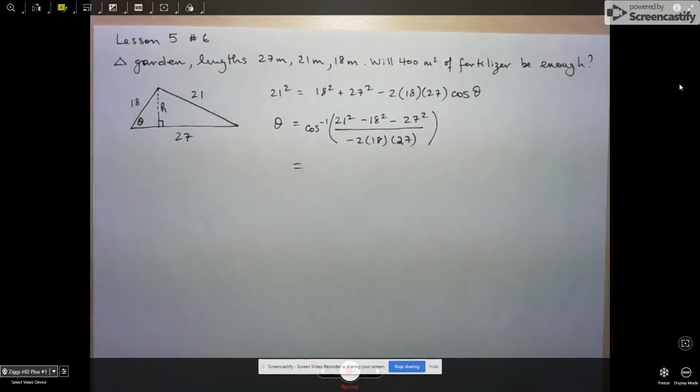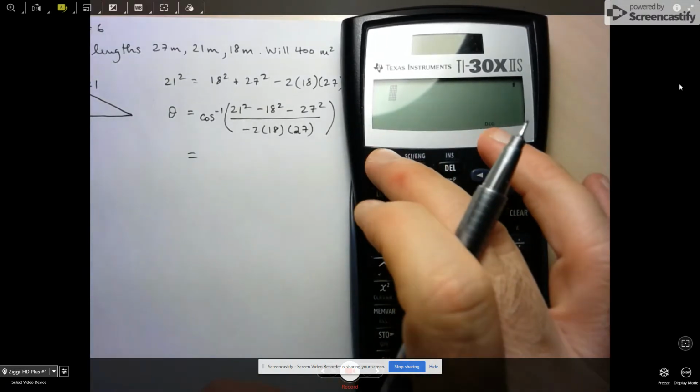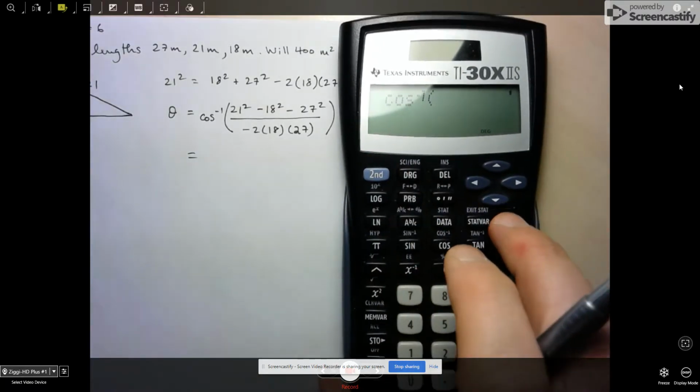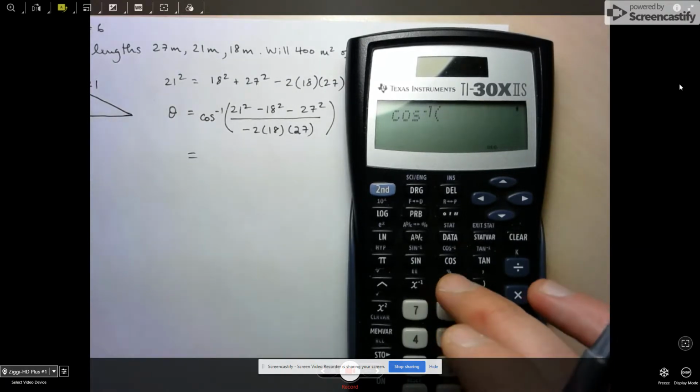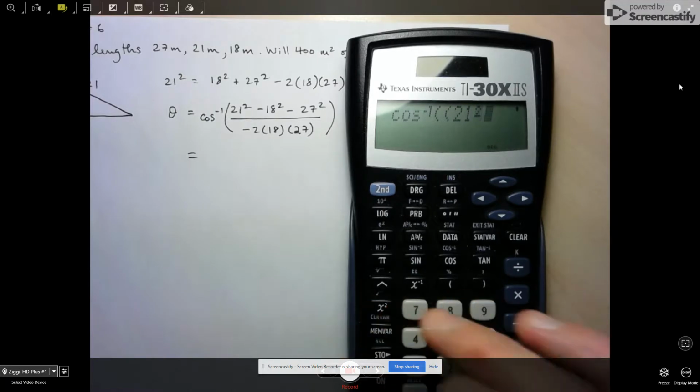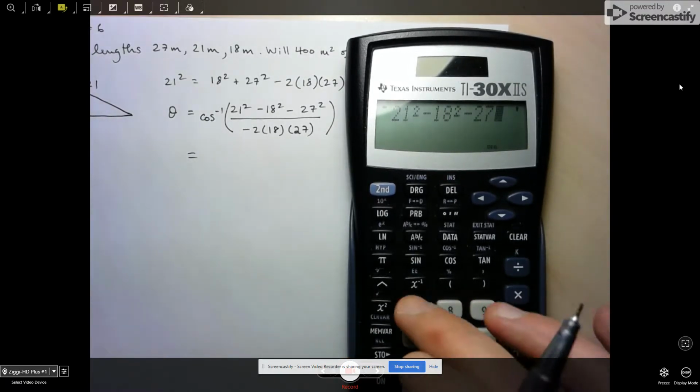So let's see what that's equal to, or at least approximately equal to. So here we've got inverse cosine of, and again, doing this correctly is about using the brackets correctly. So I'm going to open up brackets for the numerator, which is 21 squared minus 18 squared minus 27 squared.